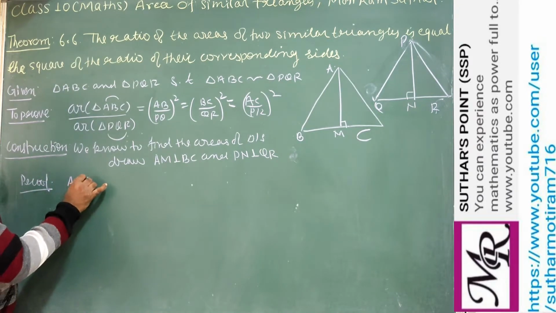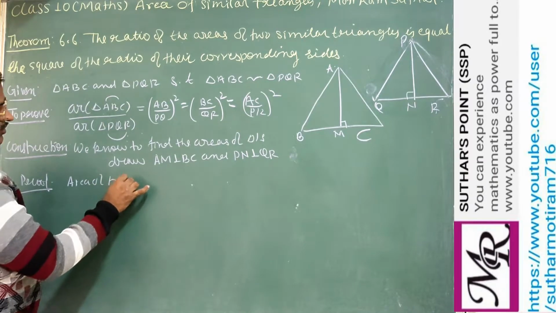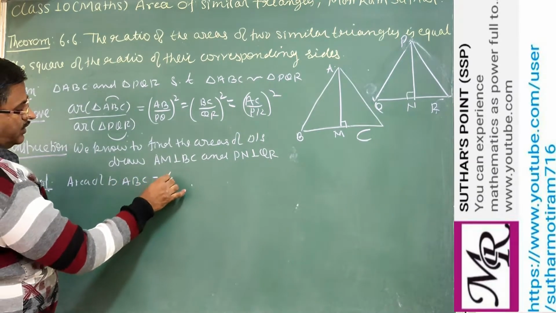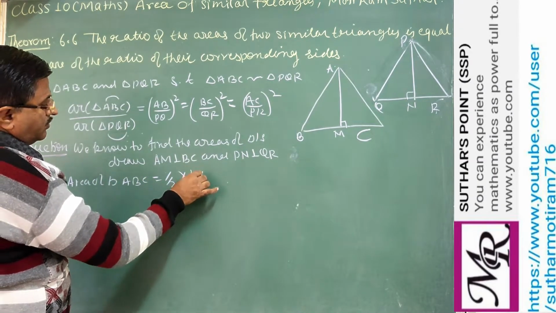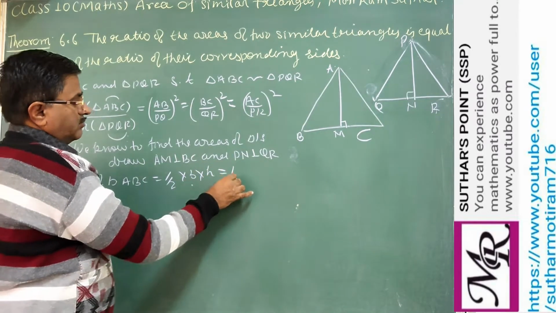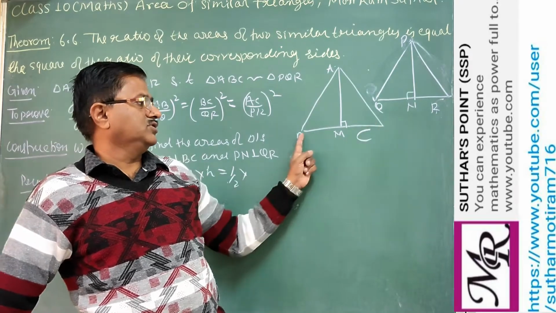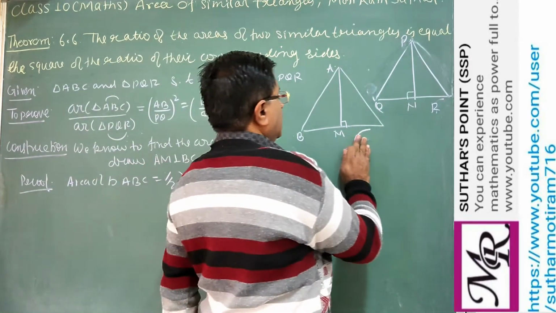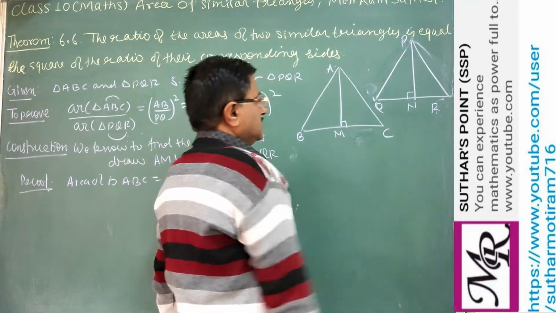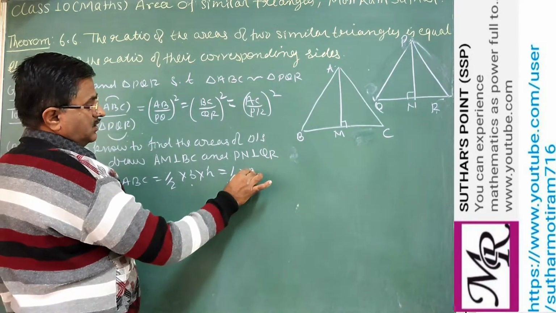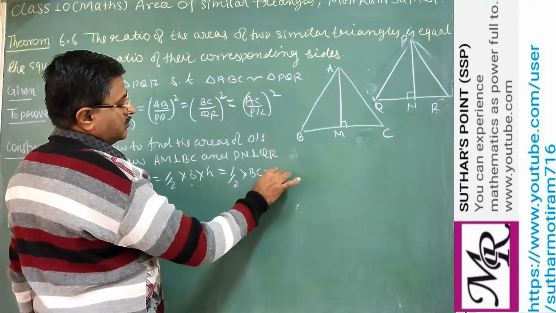You can write area of triangle ABC. As you know, area is 1/2 base into height. So 1/2, in the first triangle, base is BC, and height is AM.